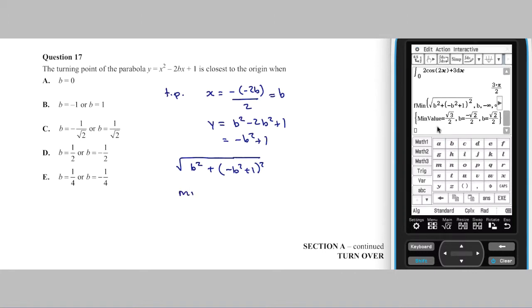Giving us the value required, plus or minus root 2 over 2, which is equivalent to plus or minus 1 over root 2, being the answer C.